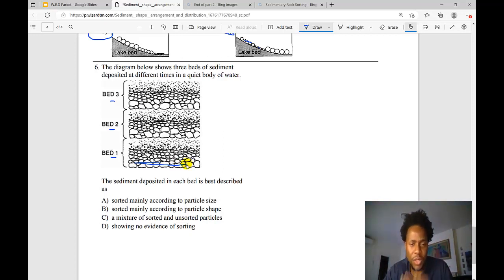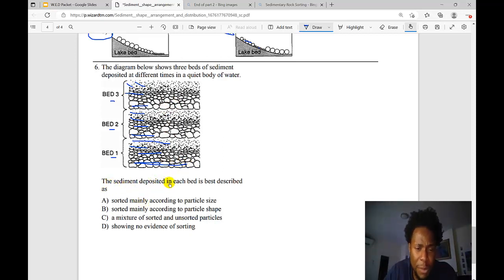The heavier ones will always be at the bottom, followed by the middle size, followed by the next size, and the smallest sizes will be on top. Bed 2 followed the same pattern, and bed 3 also followed the same pattern, with the smallest on top and the biggest and heaviest at the bottom.